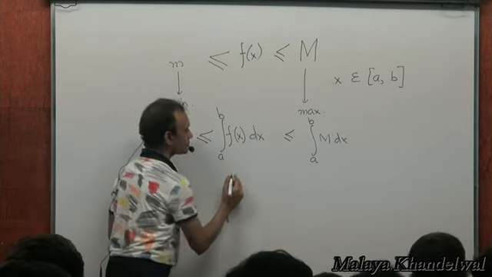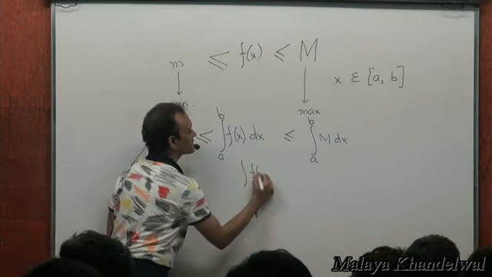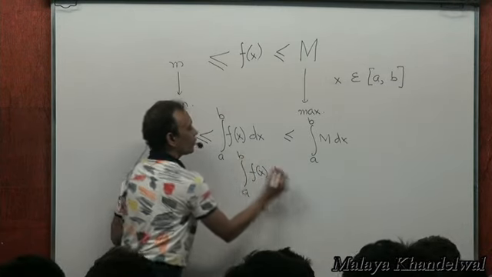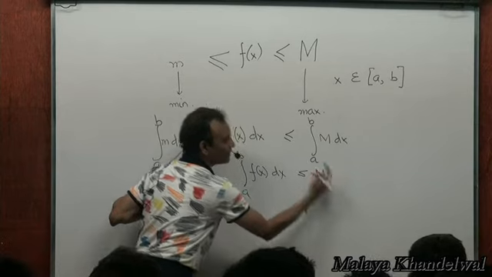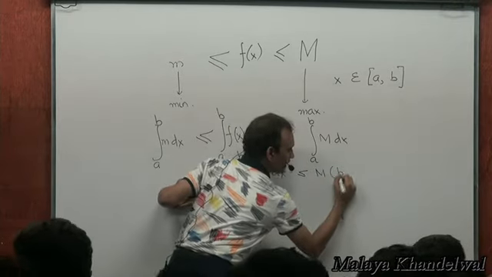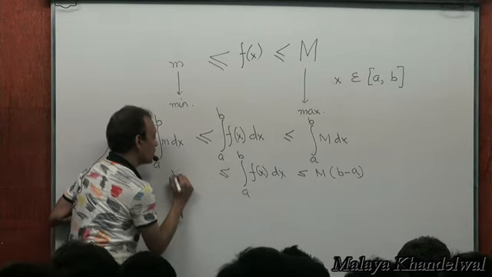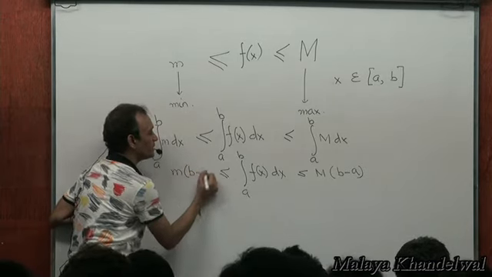Which means integral f x dx a to b will always be less than or equal to capital M into b minus a, will be greater than or equal to small m into b minus a.